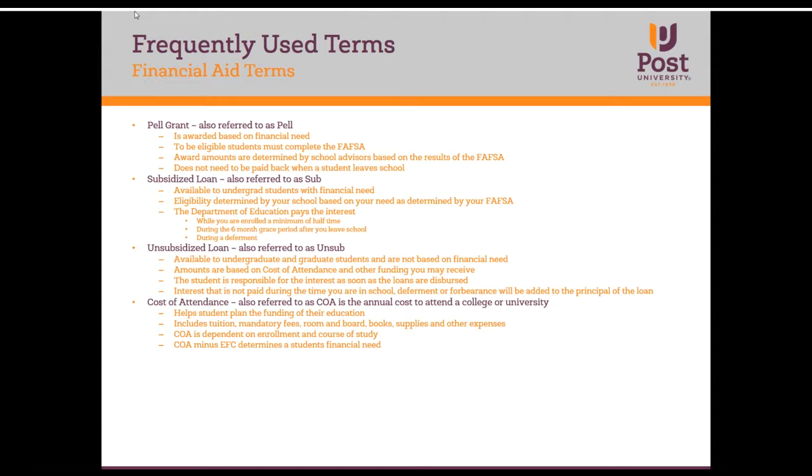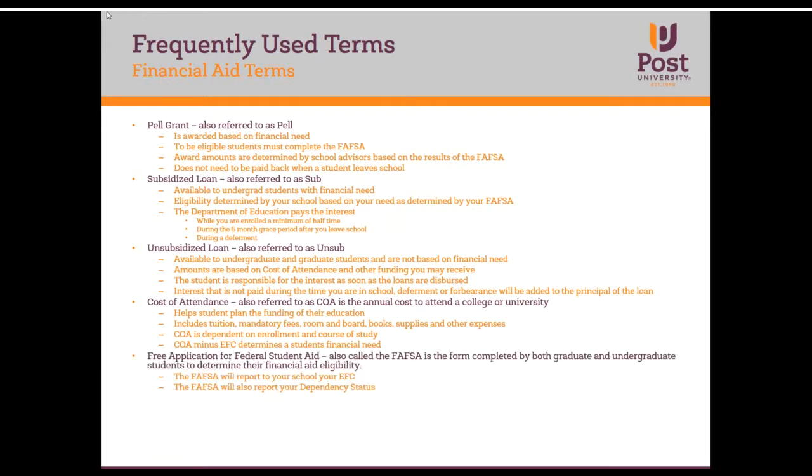So in this next bullet point, your cost of attendance minus the EFC determines a student's financial need. That EFC is another term we're going to define in a little bit. So if we can move on, how do we get that EFC?